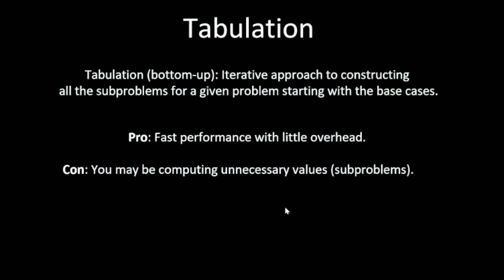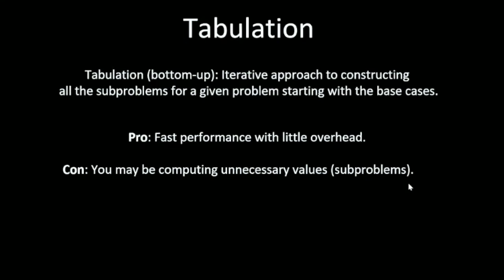With the bottom-up approach, you usually use a recursive function where you are calling that function again and again till some boundary case hits, and you can save the result of each function in some table. It could be an array or an n-dimensional array. So the advantage of tabulation is fast performance with little overhead.